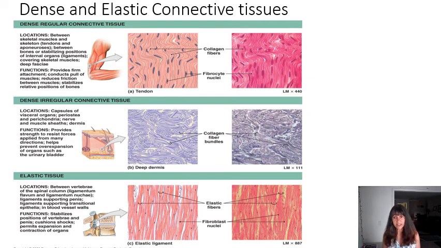Dense irregular connective tissue has lots of thick collagen fibers that are going in different directions. Because of the different directional arrangement of dense irregular connective tissue, blood vessels can go through that connective tissue. So dense irregular connective tissue does have a good blood supply.